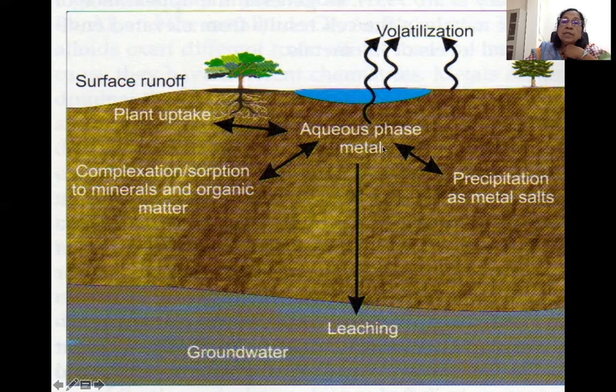And sometimes the aqueous phase metals can also be taken up by the plants, and they can move through surface runoff. And if they are leached, they go to the groundwater and will be present in the groundwater. So these are the different pathways of heavy metals in the natural environment.